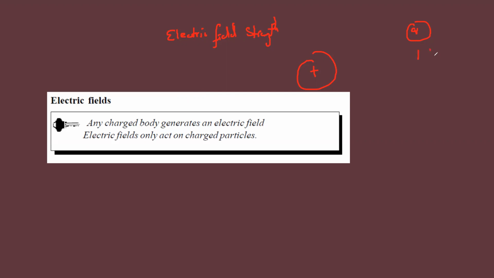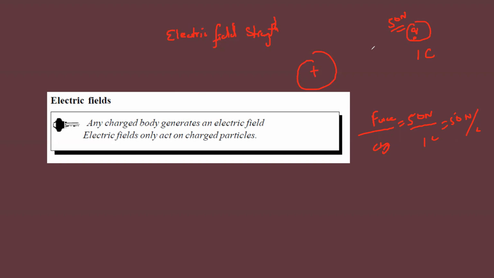For example, this was 1 Coulomb charge and it was experiencing a force of 50 Newton. So what is the electric field strength at this point? Electric field strength means force per unit charge. It was experiencing a force of 50 Newton and the charge was 1 Coulomb. So it was 50 Newton per Coulomb. So the strength of the electric field at this point is 50 Newton per Coulomb.